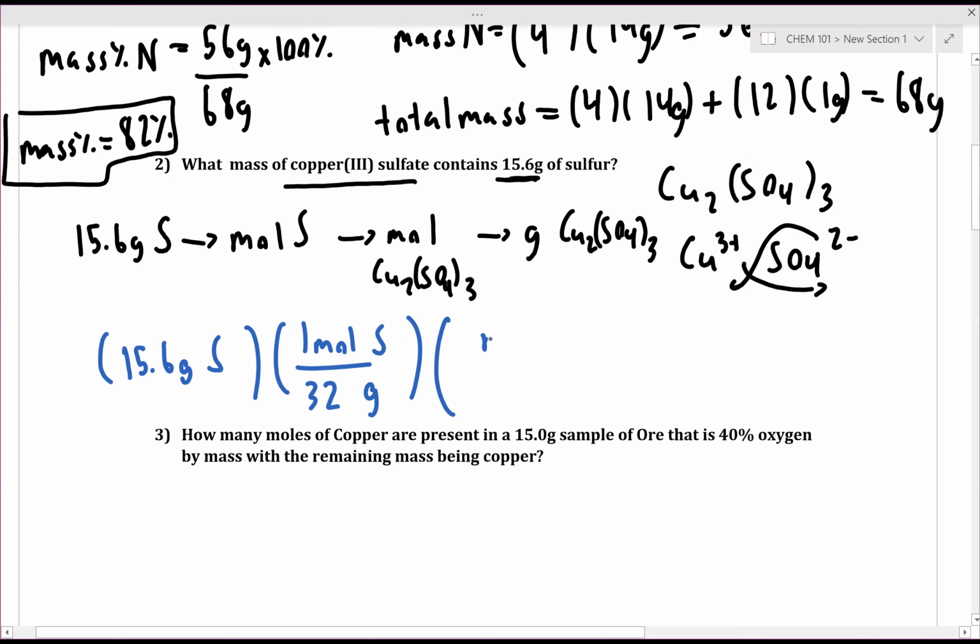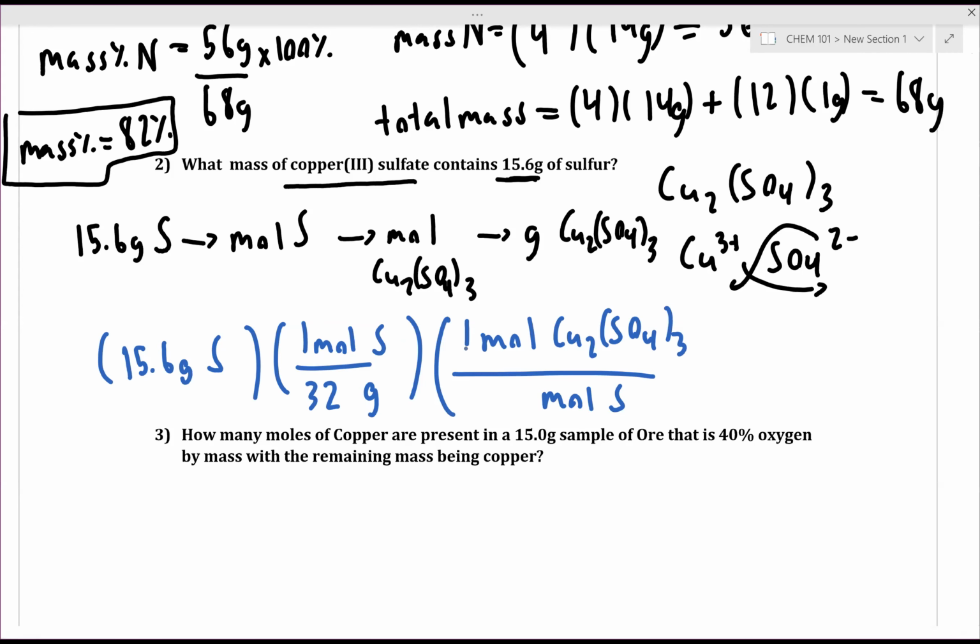And my question to all of you is, how many moles of copper 3 sulfate do we have per mole of sulfur? So in 1 mole of copper 3 sulfate, how many moles of sulfur do we have? How many sulfur atoms do we see? 3. Yep, we have 3 moles of sulfur.